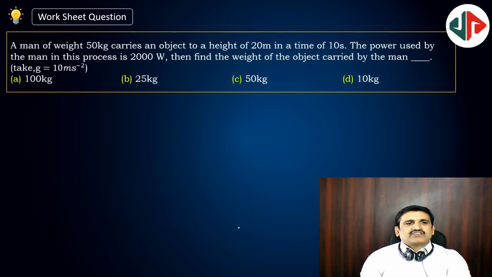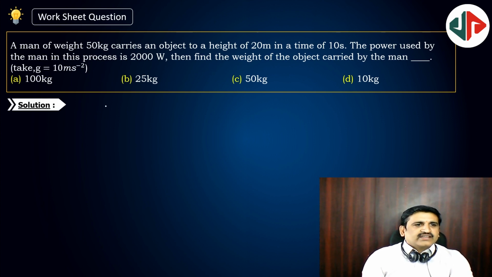A man of weight 50 kg carries an object to a height 20 meter in a time. Let us write the data. A man of weight 50 kg, but kg unit is for mass. So m is equal to 50 kg. Carries an object. Man mass capital M we will put, object small m, we don't know.